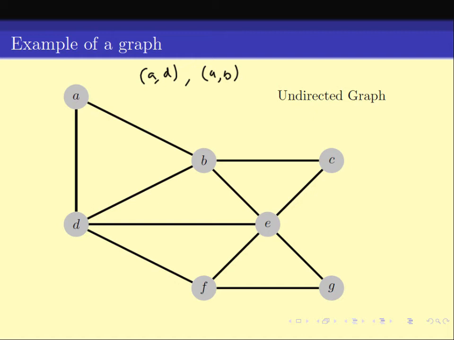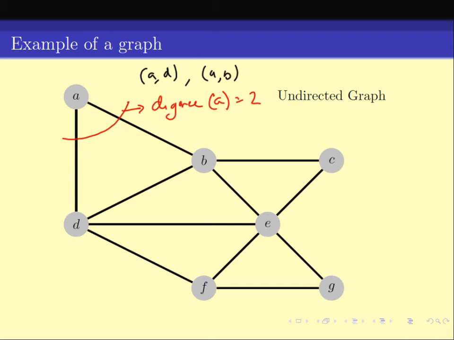Now as you can see here, D is called a neighbor of A because there is an edge from A to D. Also, since A has two neighbors, the degree of A is 2.